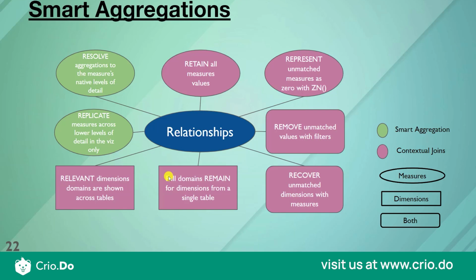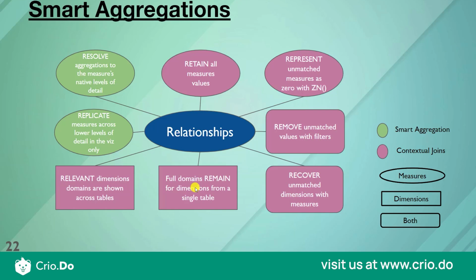According to the boxes, you can define whether they are measures or dimensions or acting as both. I will just explain the theoretical content right now of what is what, and later in the practical content, we will see how these smart aggregations perform.